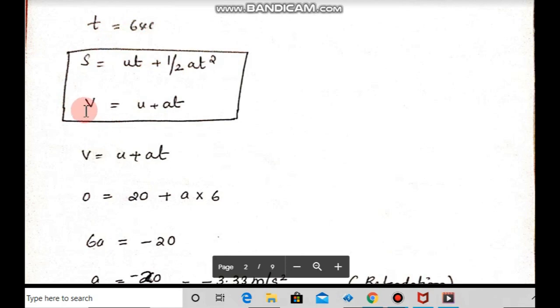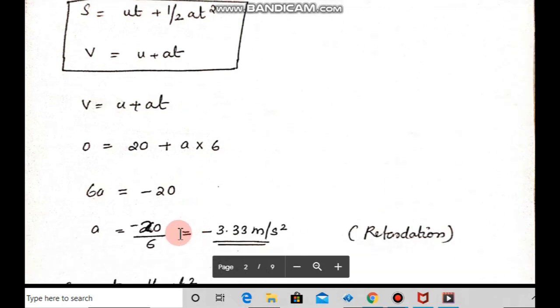So you can start with v = u + at equation. v we know, u we know, t we know, but a we don't know. So we have to find a by substituting everything. You get a negative value, which is already told in the question, that you are going to get the answer as negative, because they have asked for retardation.